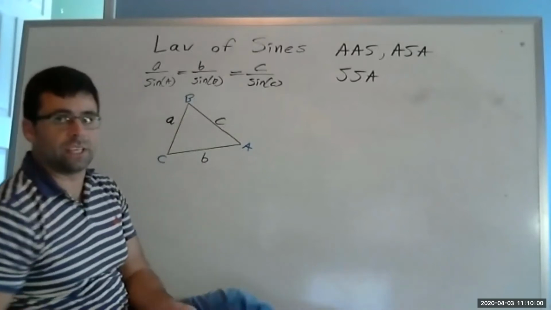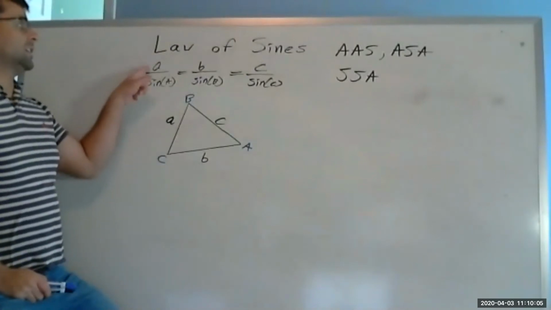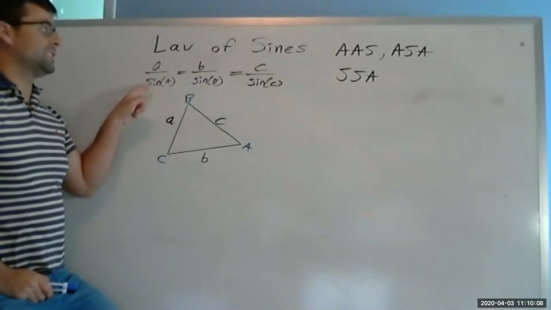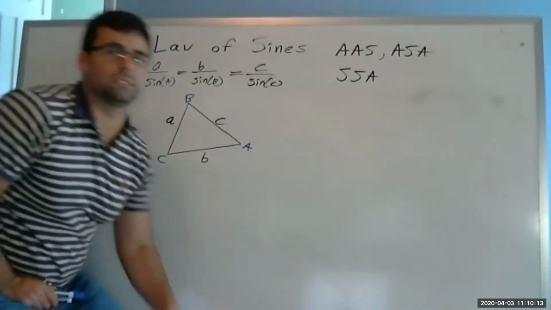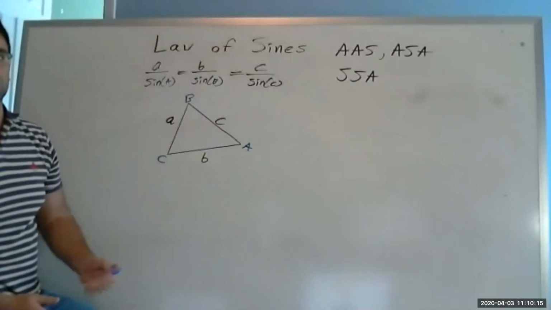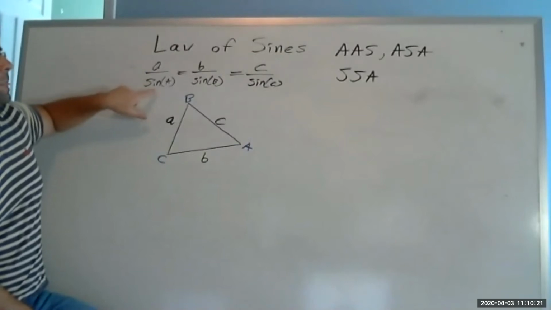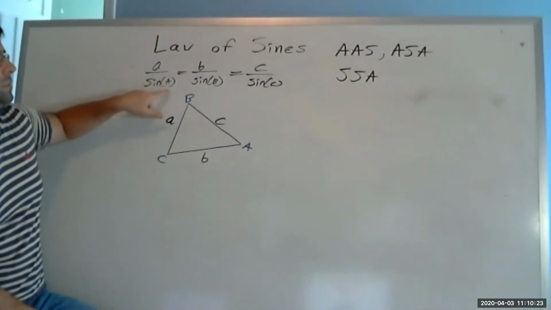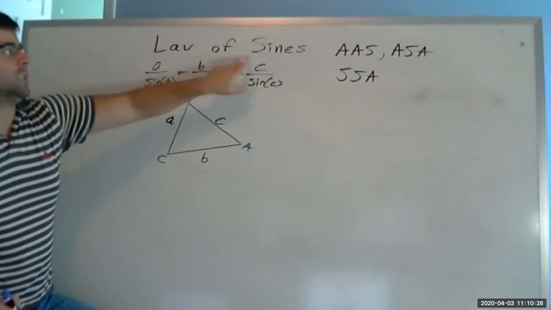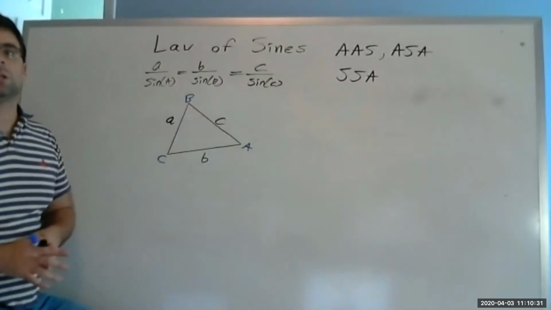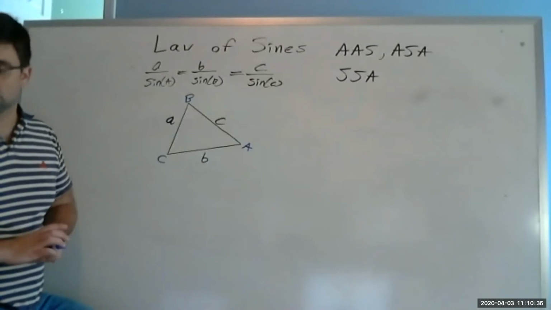The law of sines says that the ratio of any side to the sine of the corresponding angle is always the same within any triangle. So side A divided by the sine of angle A equals side B over sine of angle B, equals side C over sine of angle C. So this is the law of sines.